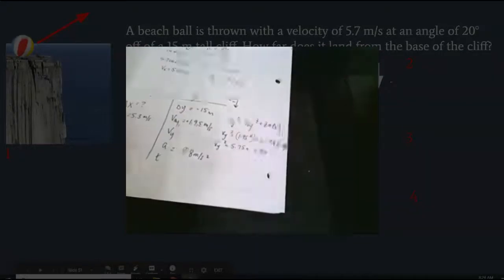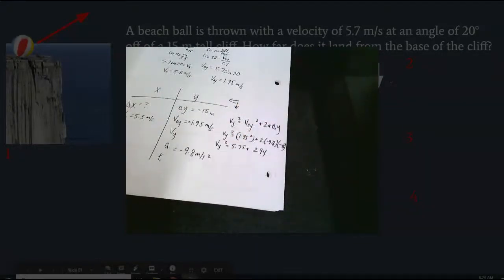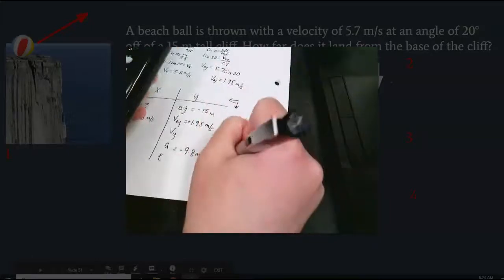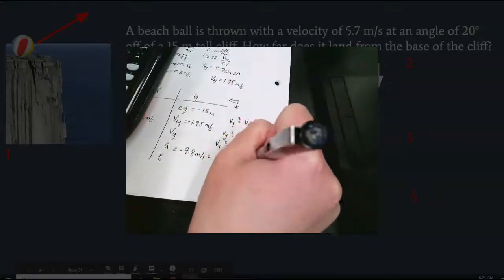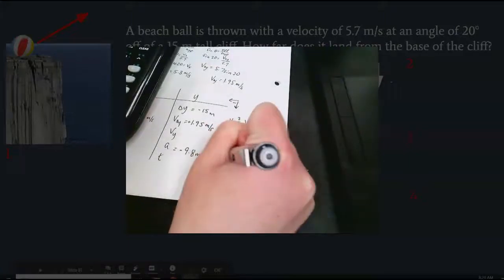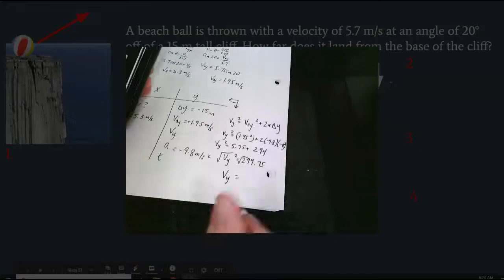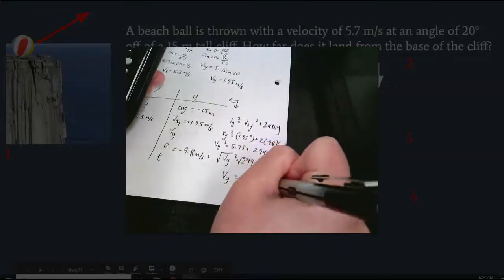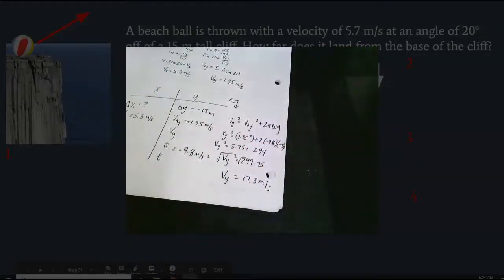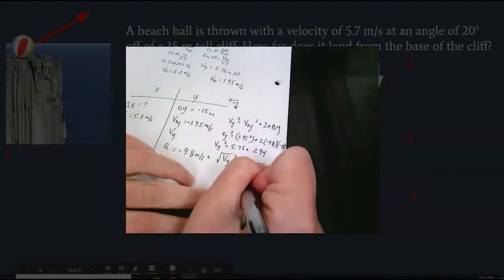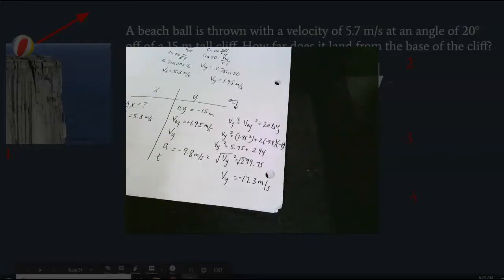So I get 294. Add those together. Get Vy squared is 299.75. I'm going to take the square root of both of those, and I get 17.3. That's pretty fast, meters per second. And I need to consider, is that going up or down? At the end, right before it hits the ground, it's going downward, so that's going to be a negative 17.3.